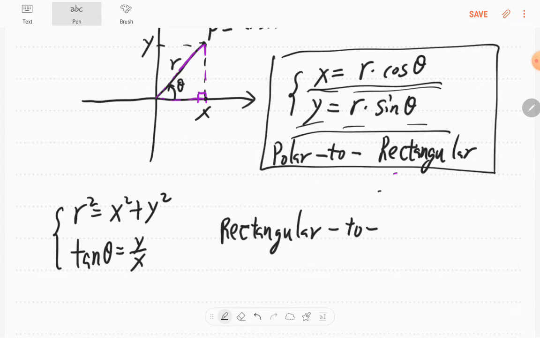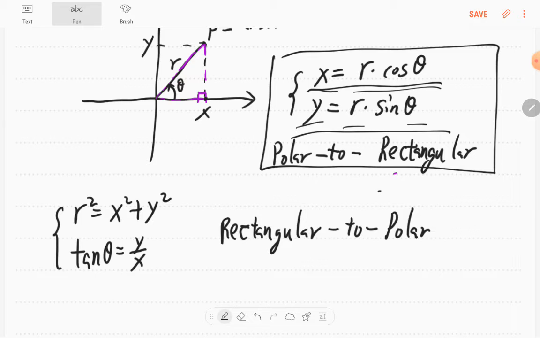So this is called rectangular to polar. Some students may ask why we use tangent theta instead of the arctangent, or tangent inverse, of y over x. That will give you an angle, right? But remember, tangent inverse gives you an angle just from negative pi over 2 to pi over 2, which is in the first and fourth quadrants.